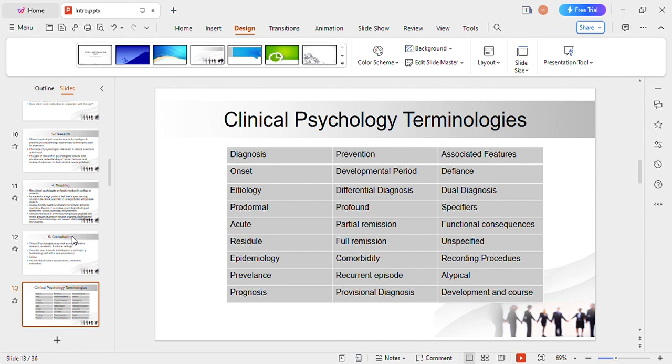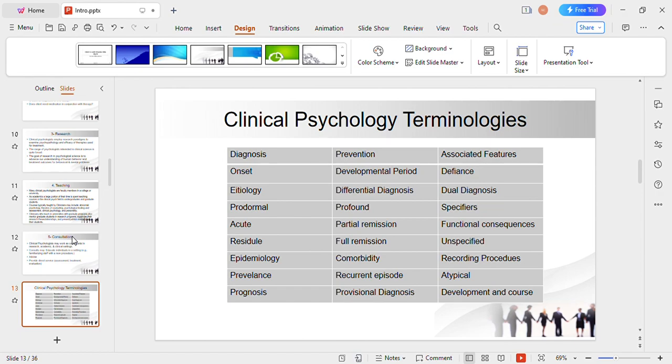Apart from acute phase, there is a residual phase, which represents that the symptoms have recovered. The person is no longer suffering from any disease, but there are some symptoms which are sometimes visible, like in the prodromal stage. Residual stage also has symptoms that sometimes appear and sometimes disappear.